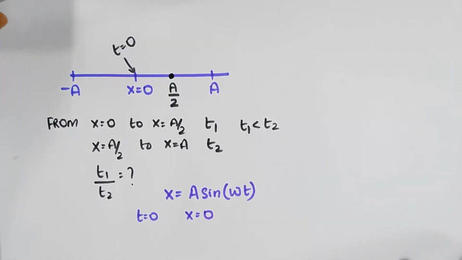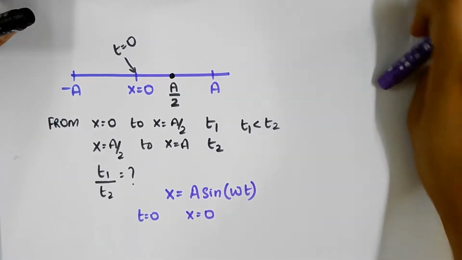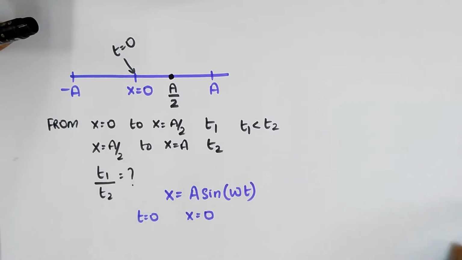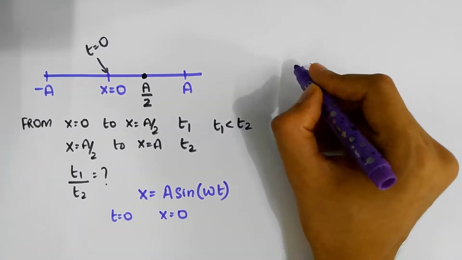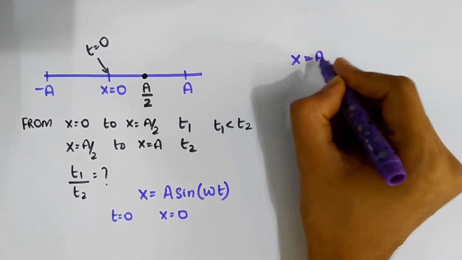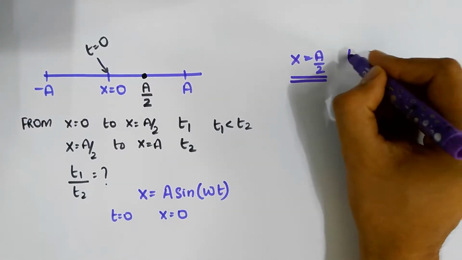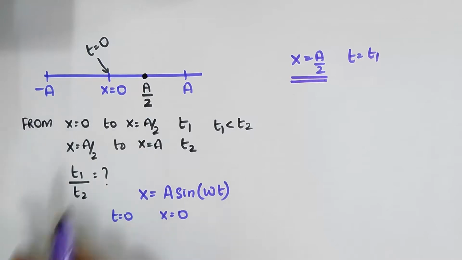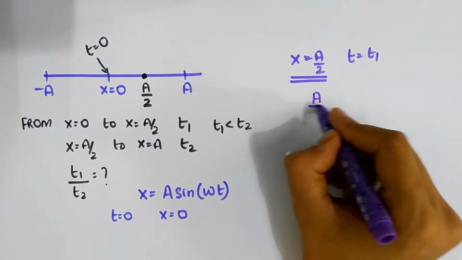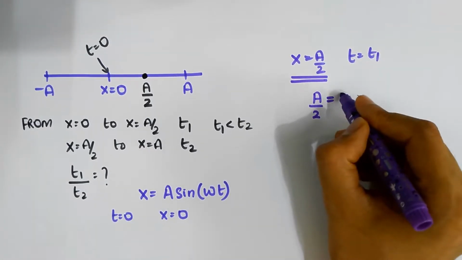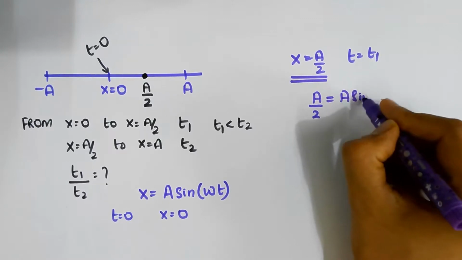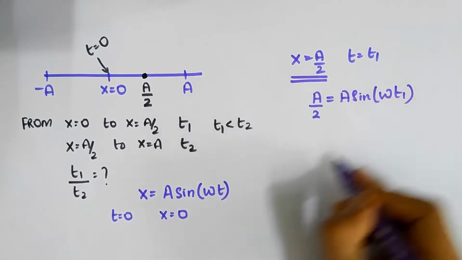Alright, now we need to figure out at what time it hits a by 2. So we'll put x equal to a by 2 in that equation, and let's say the time taken is t1. So a by 2 is equal to a into sine omega t1.